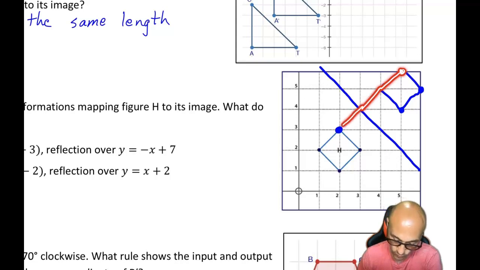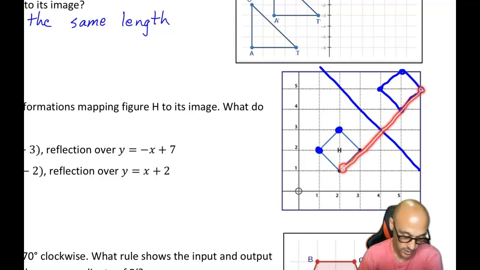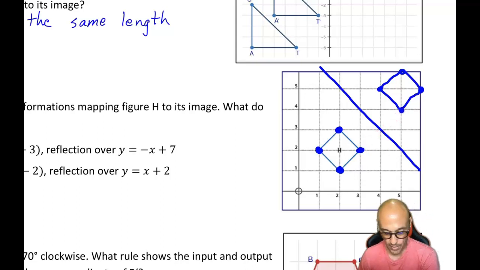So we go down to the left one, down to the left two, and we land right there. Oh, this is interesting. Down to the left one, down to the left two, right there again on top. And for this one, down to the left one, down to the left one, puts us right there. So that one lands right back on top of itself.